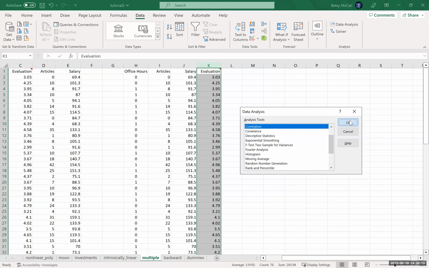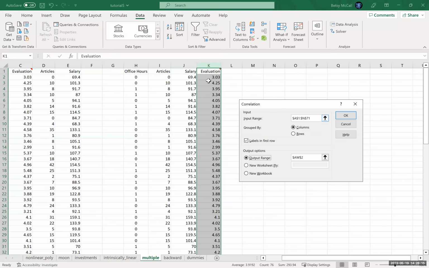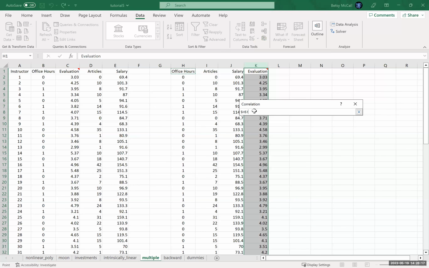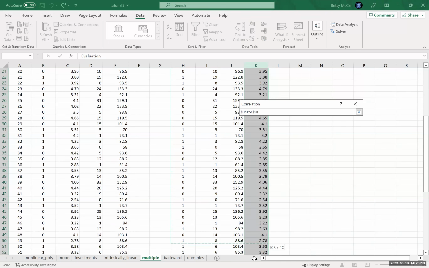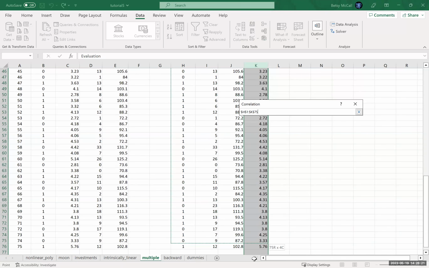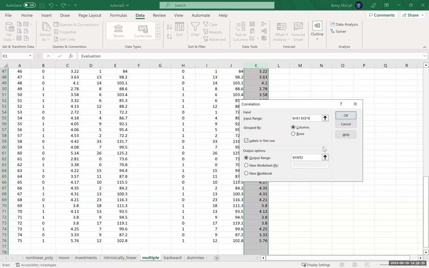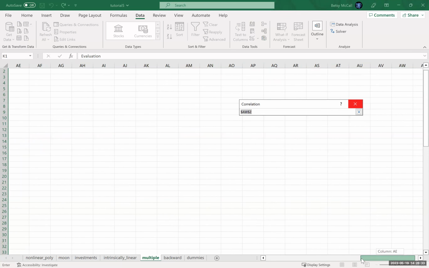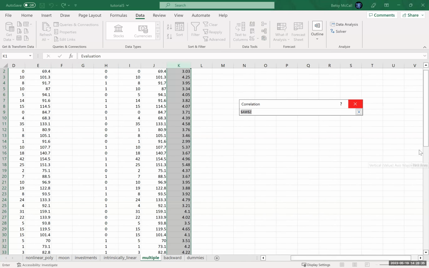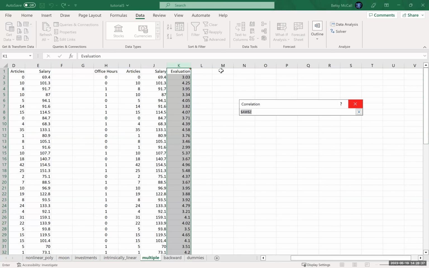The correlation function is going to build a table of correlation values of any one variable in our data with any one other variable in our data. These are grouped by columns. The labels are in the first row. The output range, we are not going to put way over there. We're going to put right here.